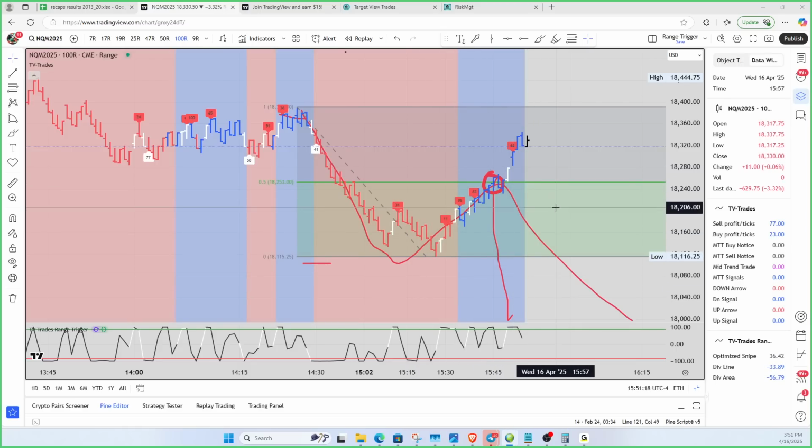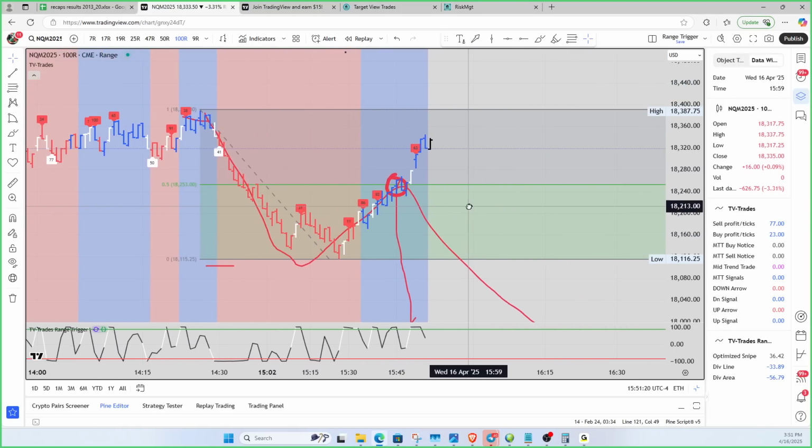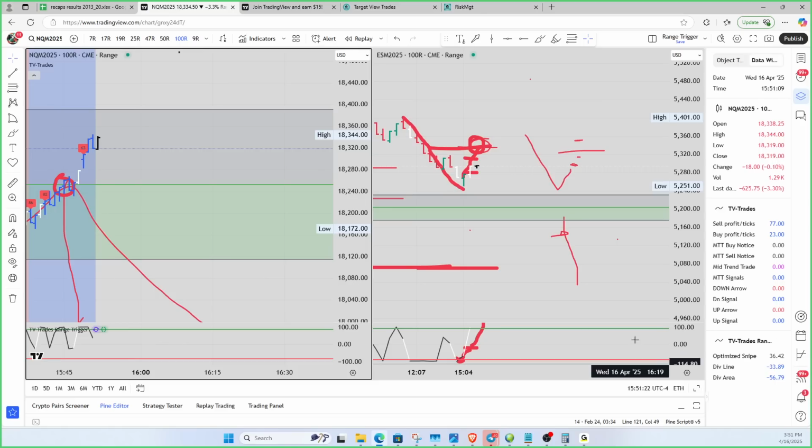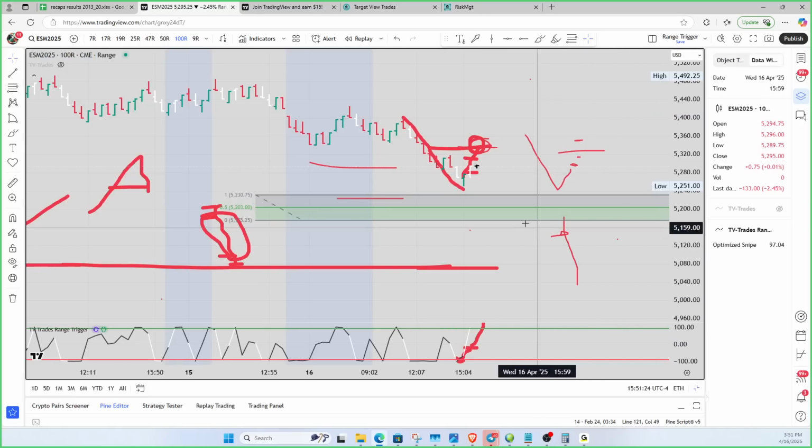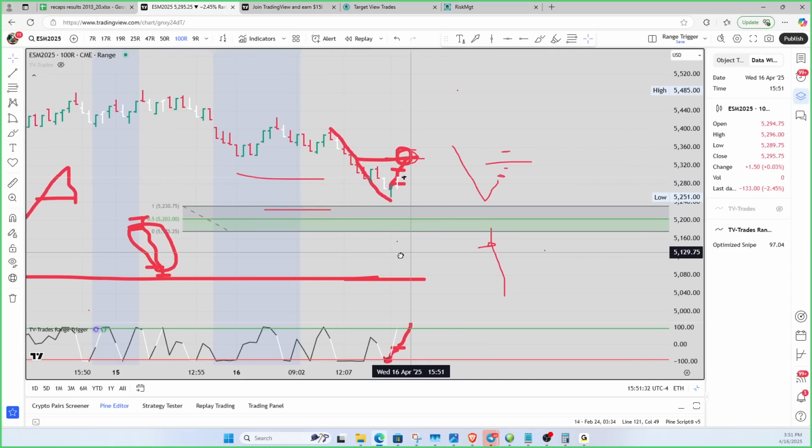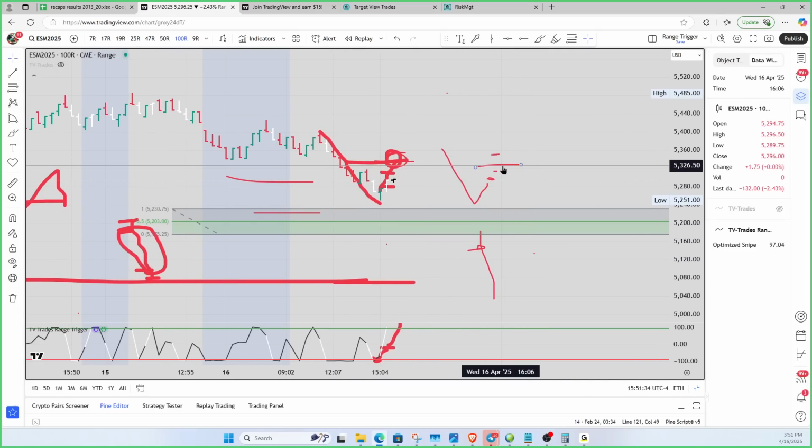Let's go back here. What I'm talking about is, if you get an opportunity like this to get an entry right in this spot where I made the circle. Remember, I drew that circle and said that's where you really want your entry.